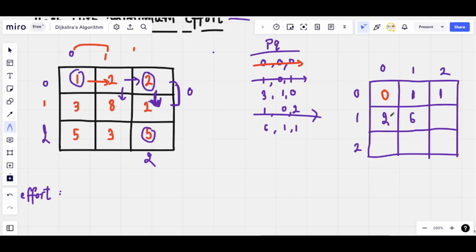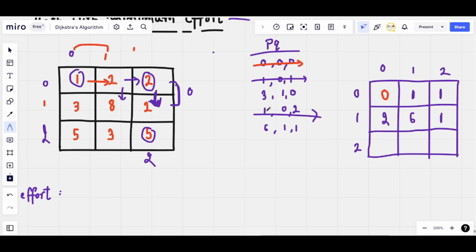So update the effort array for this cell, because the parent cell is this 0 2, and that we will update it with 1. Fine. So that means to arrive at cell 1 2 along this route from 0 0 to 0 1 to 0 2, then finally from 0 2 to 1 2, we require 1 unit of effort.